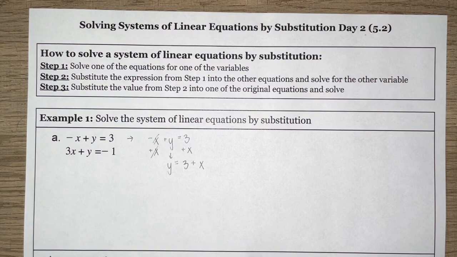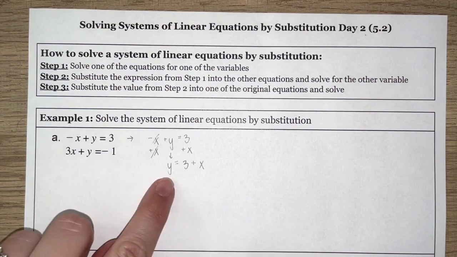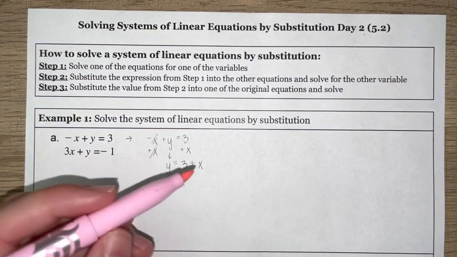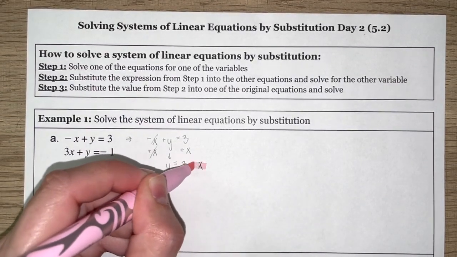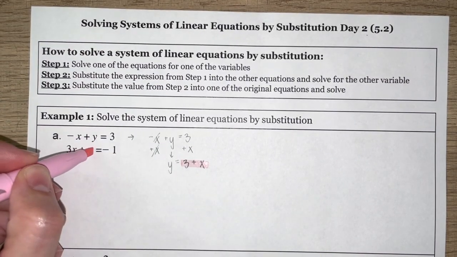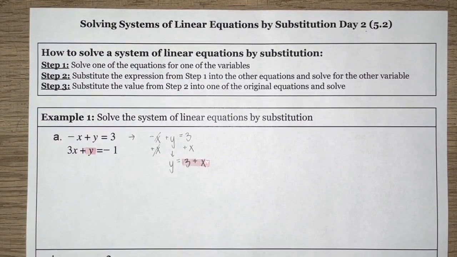So now I have one of the equations solved for one of the variables. This equation is solved for y. So if y is equal to 3 plus x, I'm going to take that 3 plus x and substitute it into the other equation where y is. You can't plug it back into the same equation. You need to plug it into the other equation.